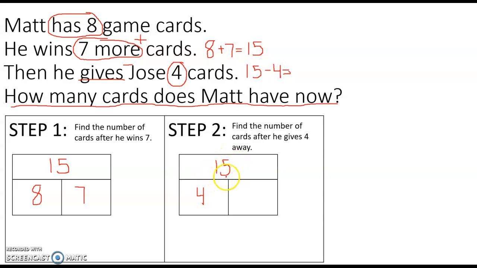I know that to make a 10, I would have to take away 5. If I took away 5, that's one too many. So I know that I have one more than 10, which is 11.